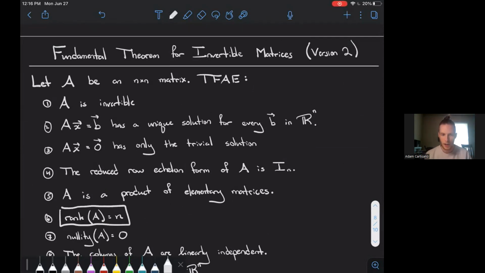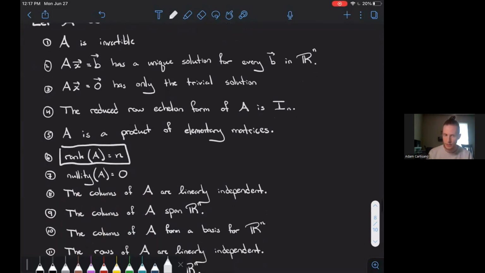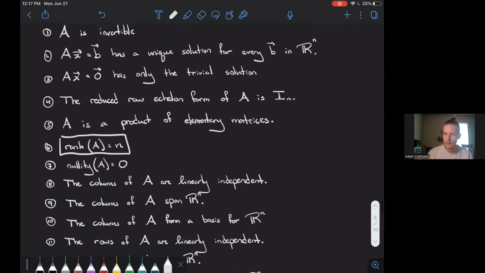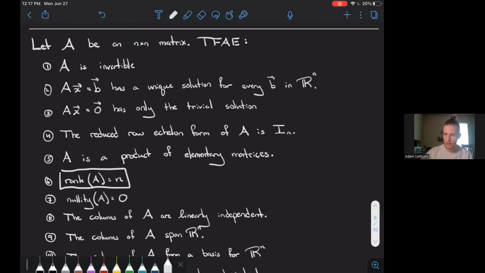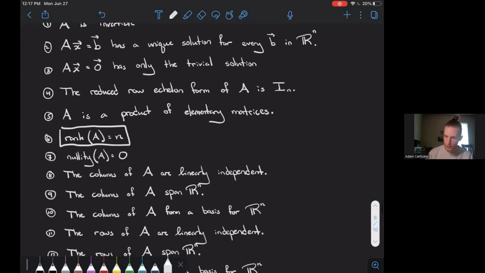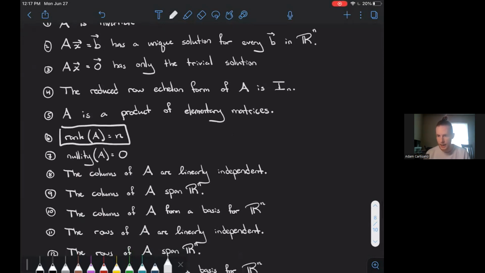If you notice, the first 5 things on this list are the same ones that we had in the last video. But moving forward, let's investigate what new things we have. So remember, A is an n by n square matrix, and it says the following are equivalent. We had these first 5 things that are equivalent to A being an invertible matrix. The newest thing is that the rank of A is n. In other words, it row reduces to the identity, but we already knew that one.